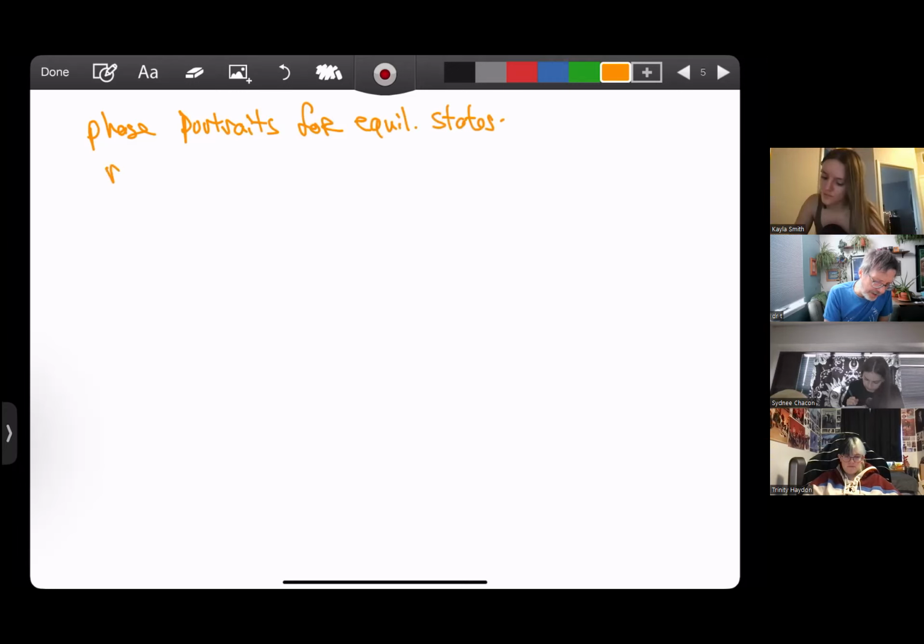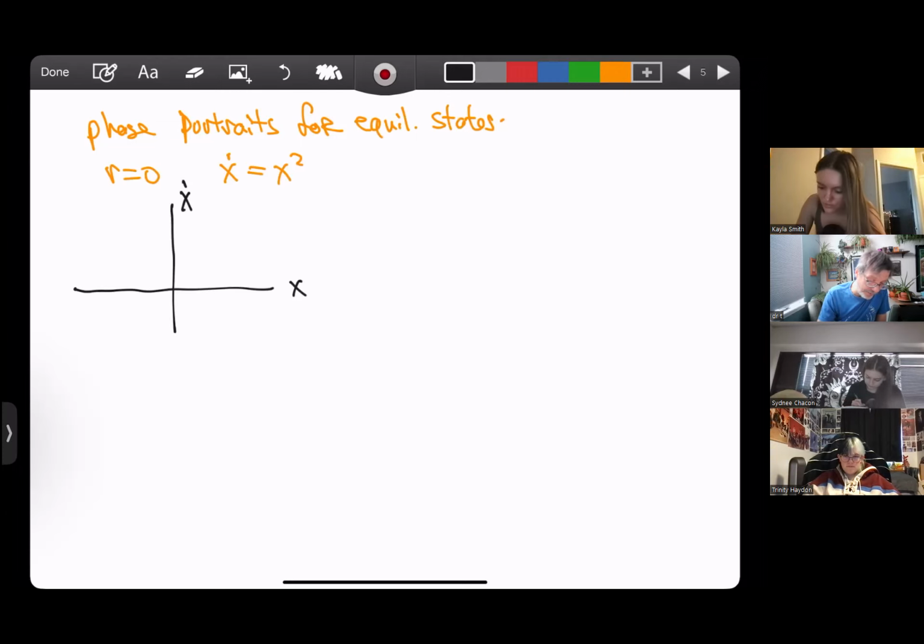The first one was R equals 0, and here's what the equation looks like: x dot equals x squared. I plot that, x dot versus x, and we're definitely going to do that, Kayla. So there's my phase portrait, relating the change in x to the state of x. Here I can make the flow line: positive, positive. So I've got a half stable equilibrium at 0.